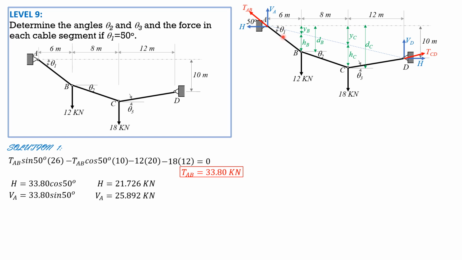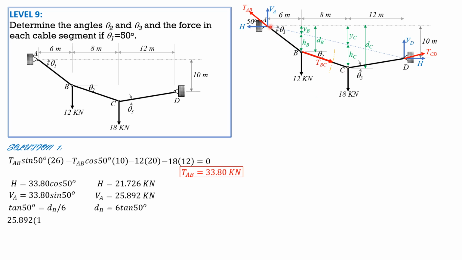Tangent of 50 degrees equals D sub B over 6. Therefore, D sub B is equal to 6 tangent of 50 degrees. Then considering ABC, I cut this portion BC here and let's sum up moments about C, considering forces to the left of that cutting section. So summation of moments about C equals 0.